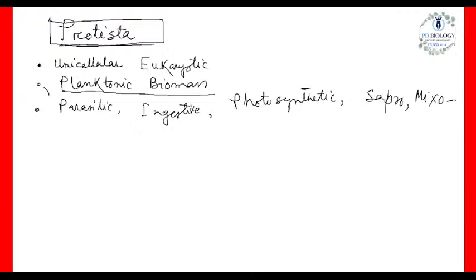Some of the individuals have a cell wall-like peripheral covering, that is called exoskeleton. Very important. Note down this one. Sometimes covered by a soft pellicle. But most of them have plasma membrane only.